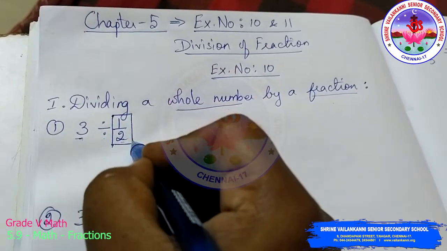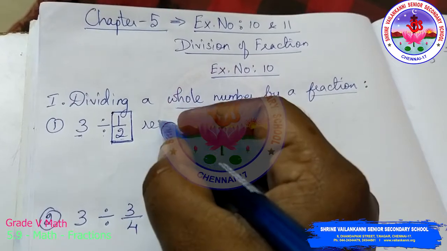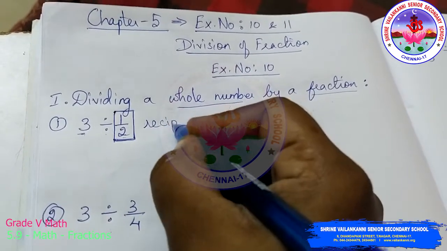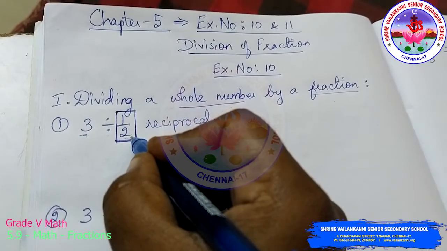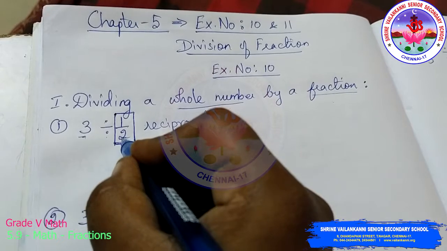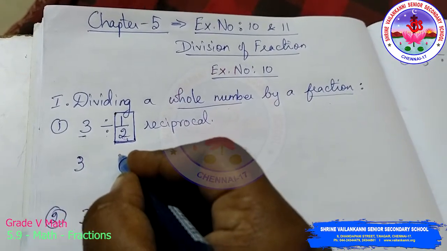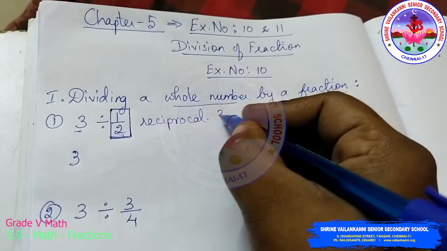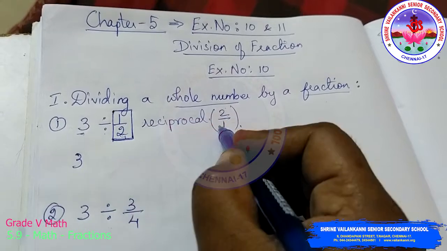You have to consider only the right side value and find the reciprocal of this right side value. What is the reciprocal of 1 by 2? 2 by 1. So this is the reciprocal of 1 by 2.